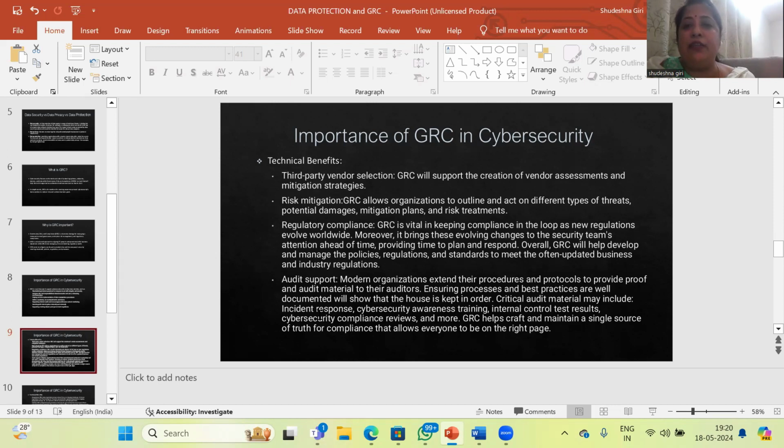Moreover, it brings these evolving changes to the security team's attention ahead of time, providing time to plan and respond. Apart from this, overall GRC will help in developing and managing policies, regulations, and standards to meet and often update the business and industry regulations. It's an ongoing process.